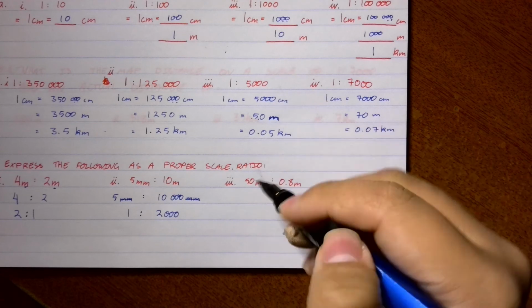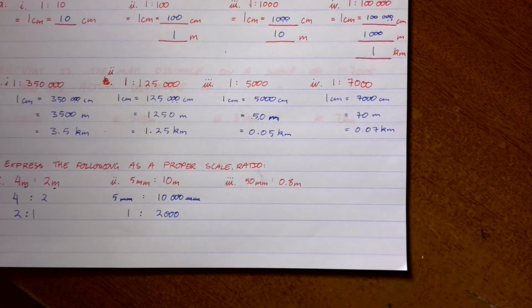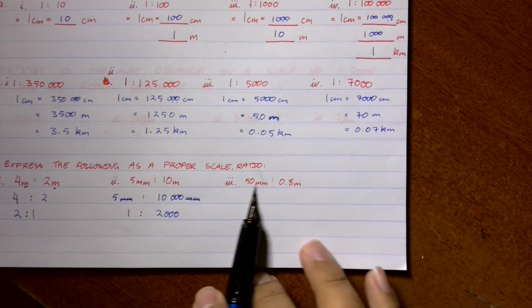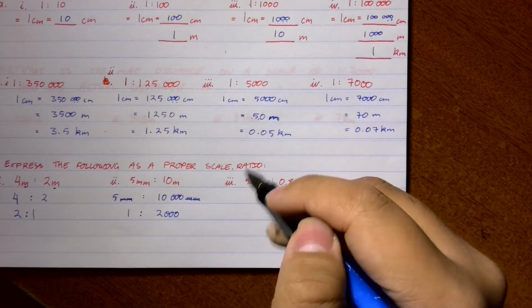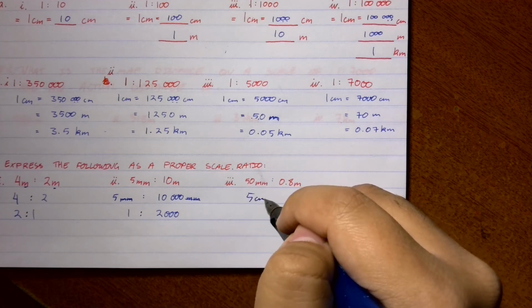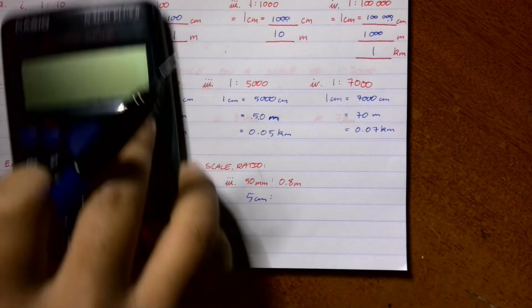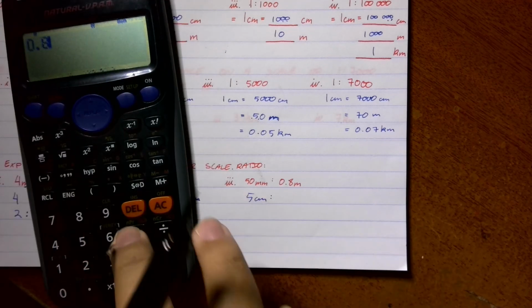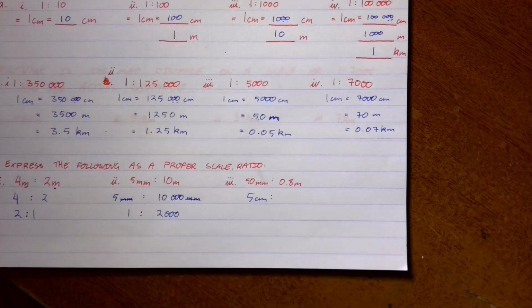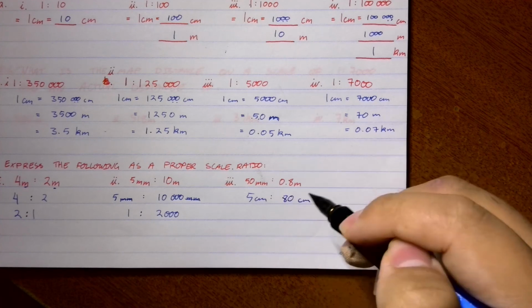Last one here. Once again, we need to express these in the same unit of measurement. I'm actually going to bring this up to centimeters. So 50 millimeters is 5 centimeters, and 0.8 meters times 100, that's 80 centimeters.